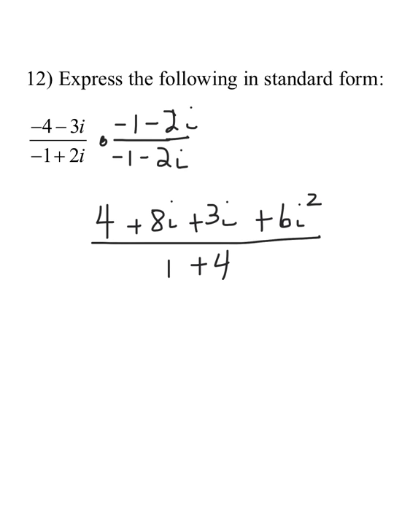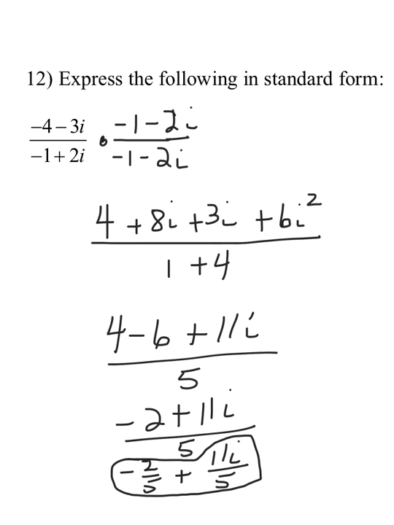All right, so now what we're going to do is just finish combining like terms. Don't forget that this 6i squared is going to change into a -6 because i squared is the same thing as a -1. So +6 times a -1 is going to give me a -6. All right, so what we end up with is 4 minus 6 plus 11i over 5.